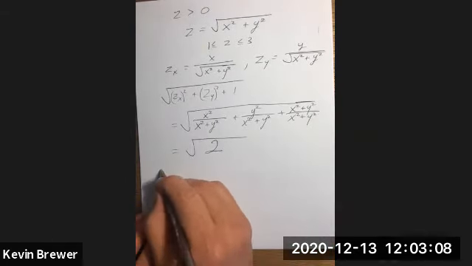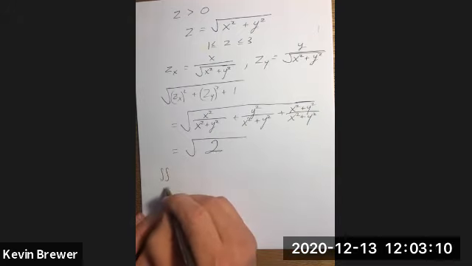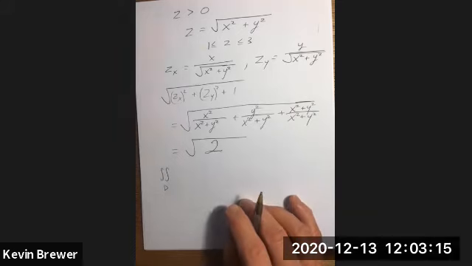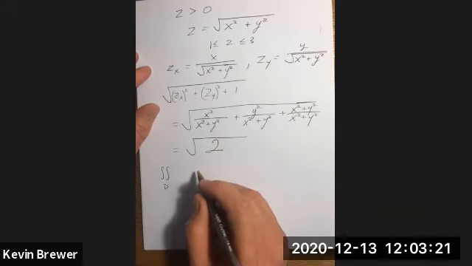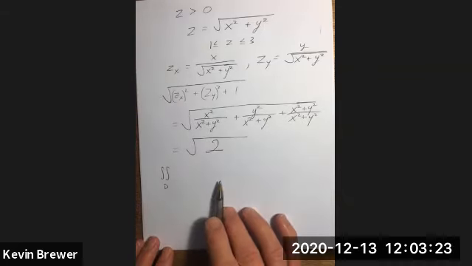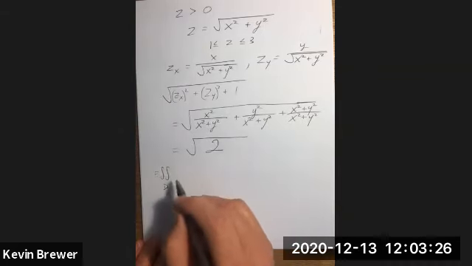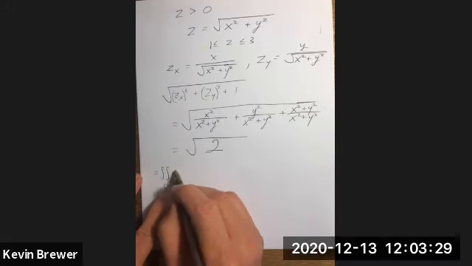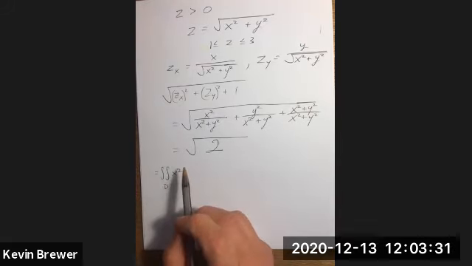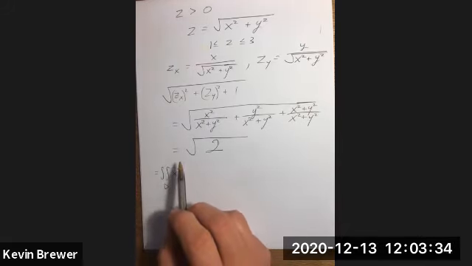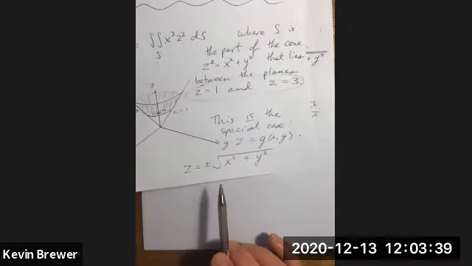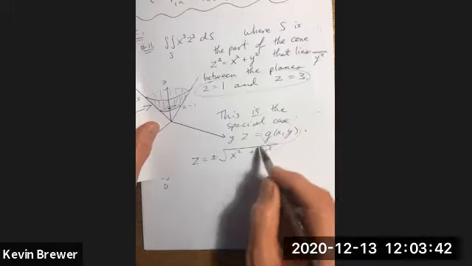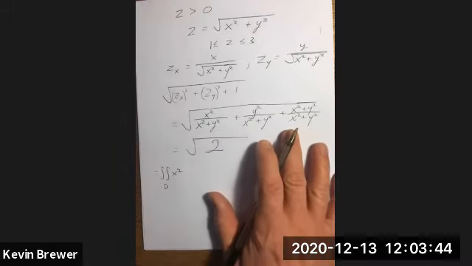So then our double integral over D of f of x, y, g of x, y, and so forth becomes the double integral of x squared, and then I replace z. We replace z with g of x, y, which is this.